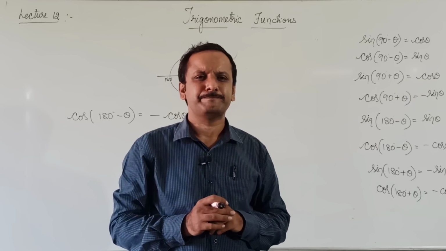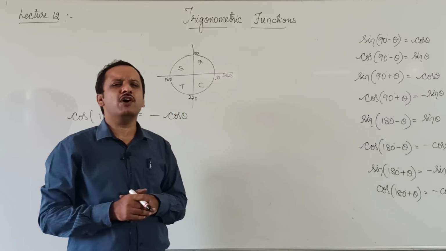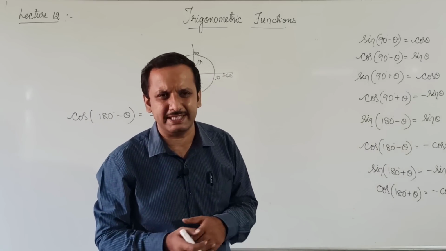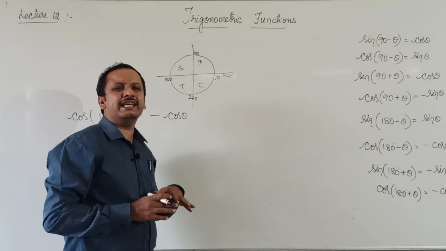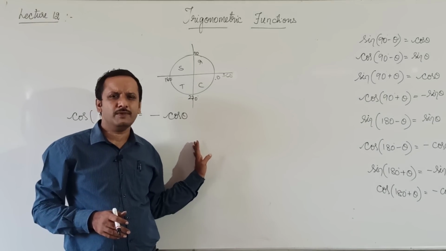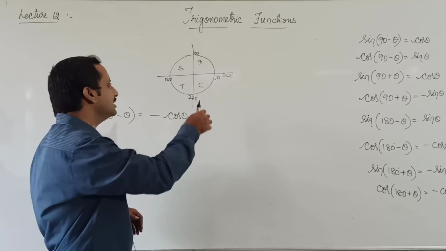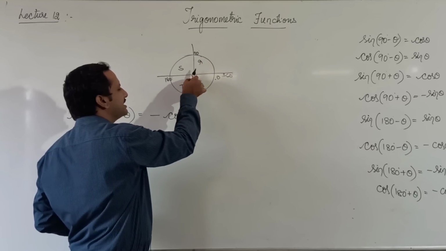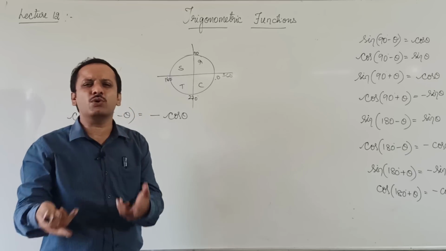Then third step, if you are using the horizontal line, that is, if you are using 180 minus theta or 180 plus theta, then retain the same function, write the same function as it is. But if you are using the vertical line, that is 90 minus theta, 90 plus theta, 270 minus theta, 270 plus theta, then change it to the co-function.